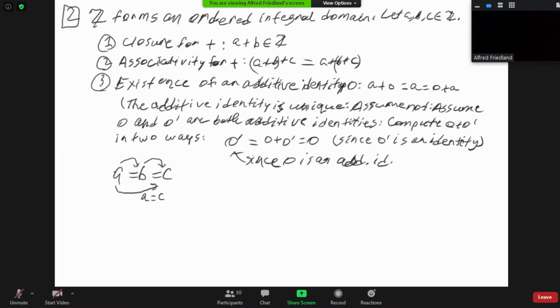Another example of a relation that is transitive is greater than. If A is older than B, and B is older than C, you'll certainly agree that A must definitely be older, maybe much older than C. So again, the transitive property or transitivity, and we will come back to this term later.